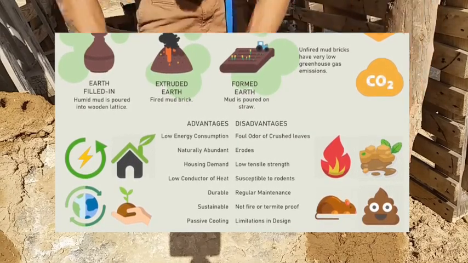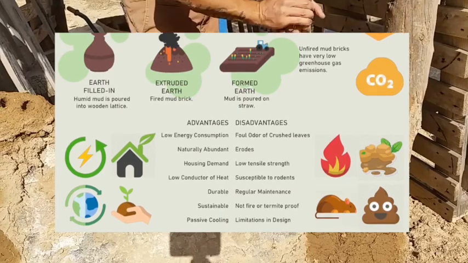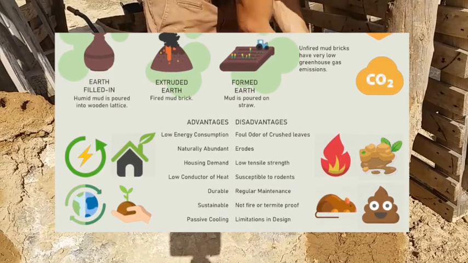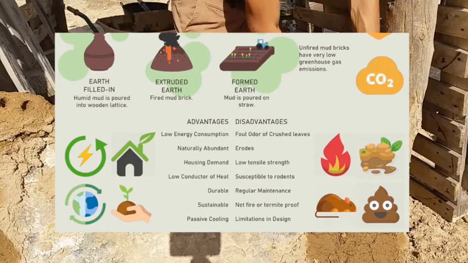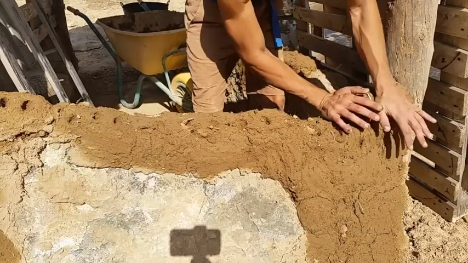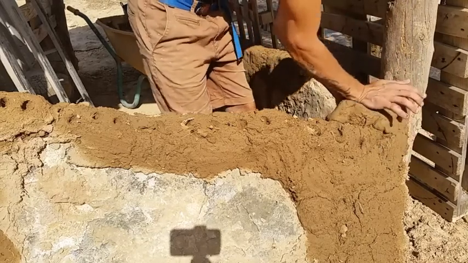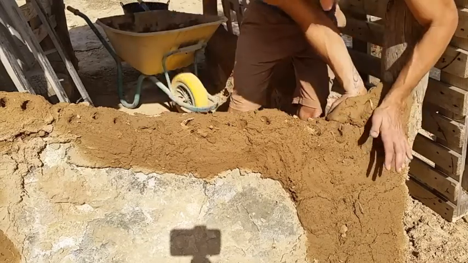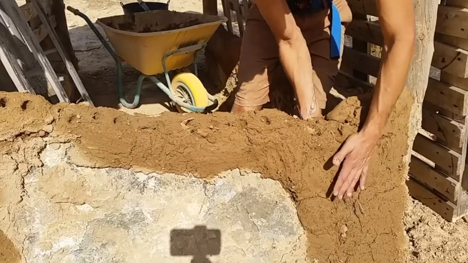And when we're done, we're going to slip coat all this. I'm going to add a few mud balls to this to try to level this off. There really is no right or wrong way to do this, except for you don't want your walls to bulge.